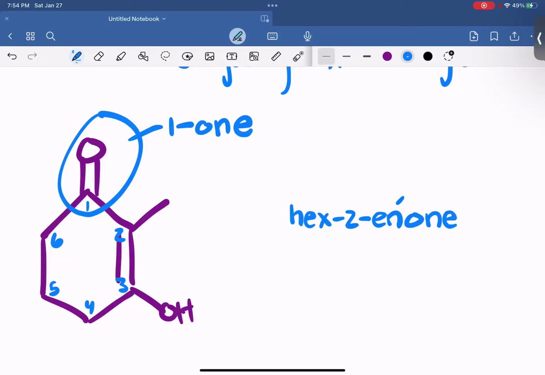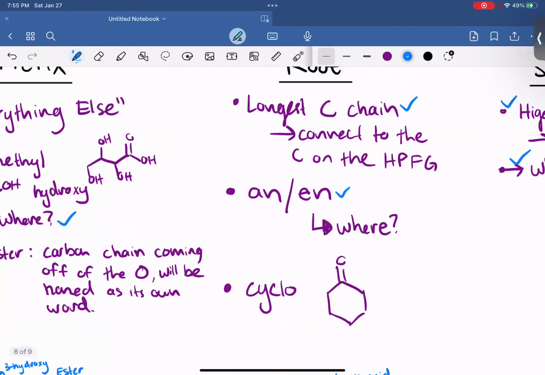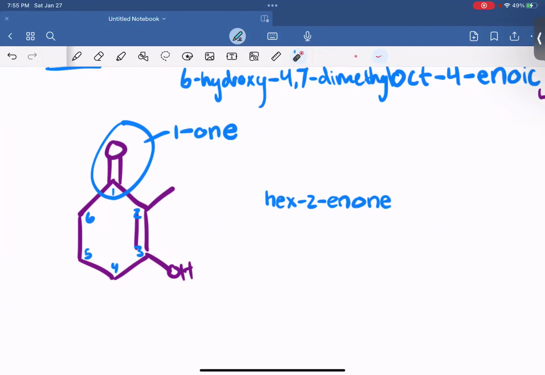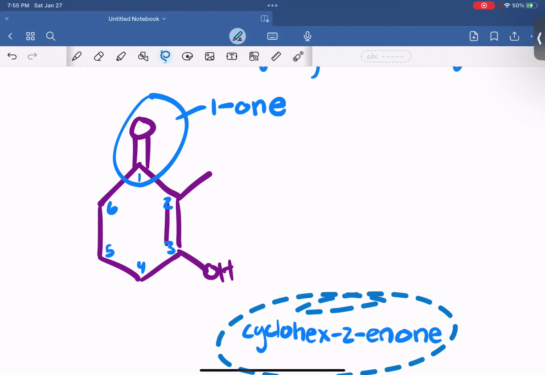This is where it would be appropriate to indicate that it's on the 1 carbon, but we still infer that because it's in a ring. Lastly, the piece we have been omitting because it was obvious on the other ones: we need to ask, is it or is it not in a ring? That longest carbon chain is ring-shaped, so we have to put cyclo in front of it.